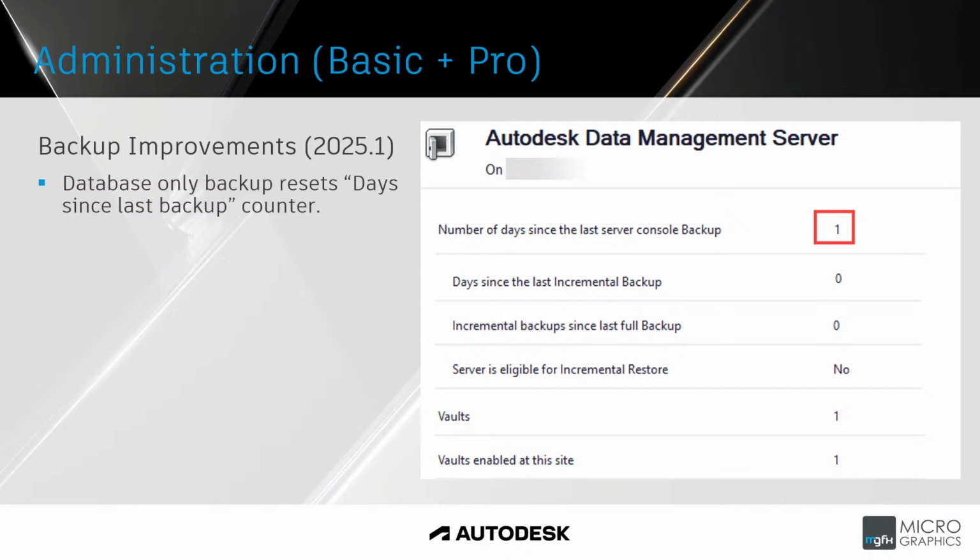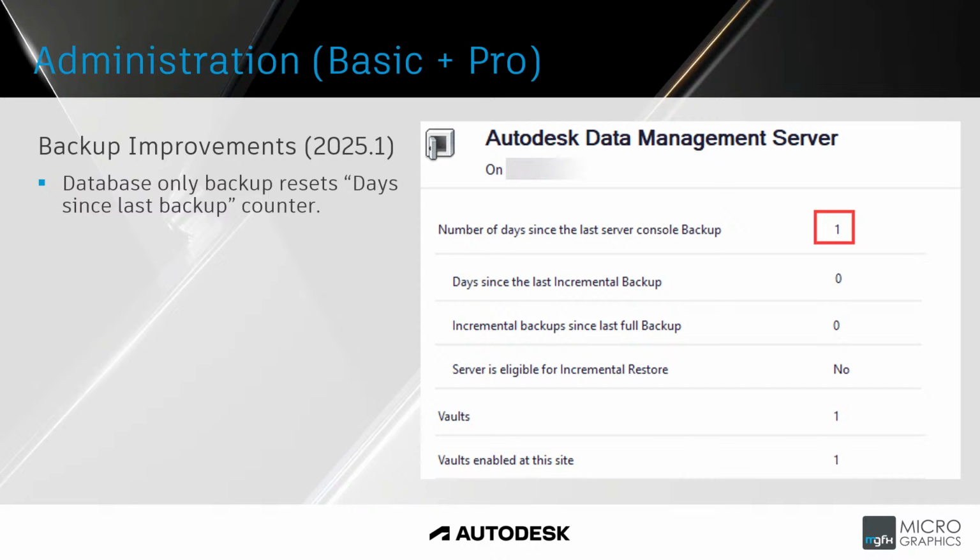Just a short one here from a backup perspective. Vault has allowed you to do a database only backup. This was implemented, I think it was in 2024, where you can back up only the database. However, in 2025.1, what they've done is when you do a database backup only, it now resets the days since last backup counter. So they've got it highlighted in the red box.